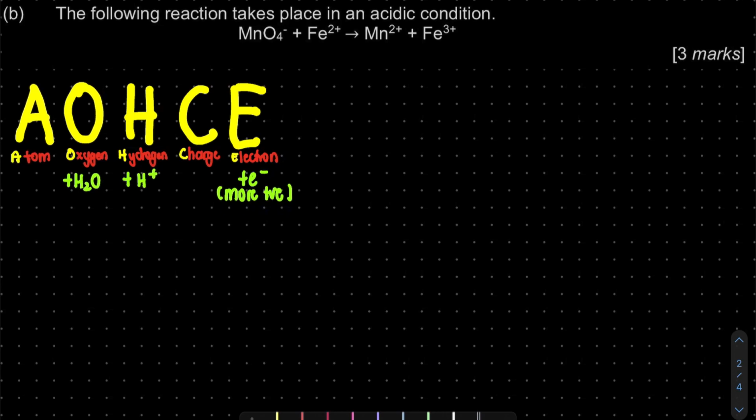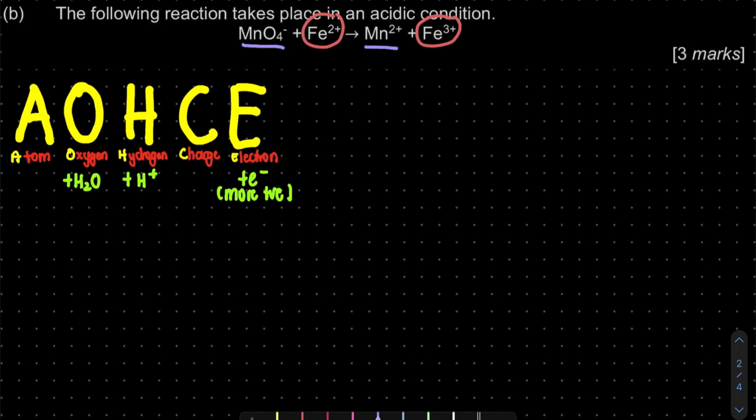Okay, so for this one, let us do it together. First thing first, we're going to divide this equation. As you can see here, we have Fe2 plus and we have our Fe3 plus. And then we have our MnO4 minus becoming Mn2 plus.